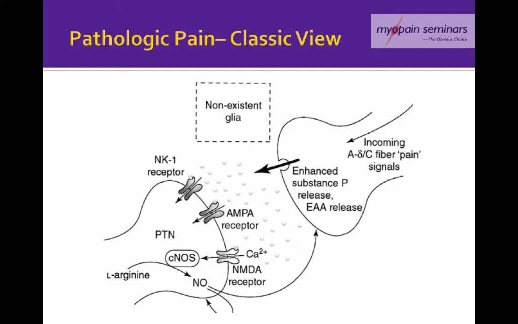But as you see in this diagram, it also causes the conversion of L-arginine to nitric oxide. Nitric oxide is a problem gas because it rapidly diffuses out of the neuron and acts presynaptically to cause an exaggerated release of substance P, and postsynaptically it causes the neurons to become hyperexcitable. Again, in this classical pain model, glia cells are not being considered, which is in fact a mistake.